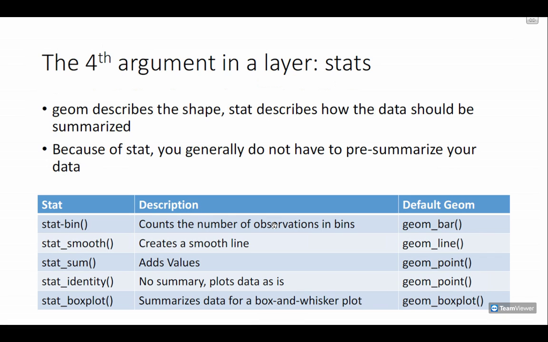So both of them complement each other. If you specify just the type of plot, the default stats get picked up. If you just specify the stats, the default plot gets picked up.